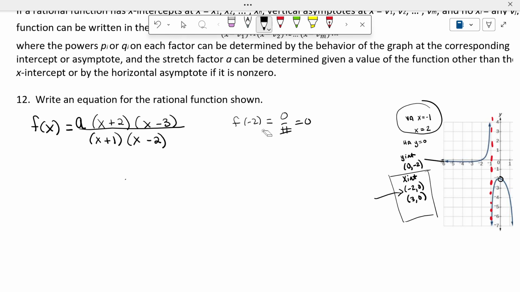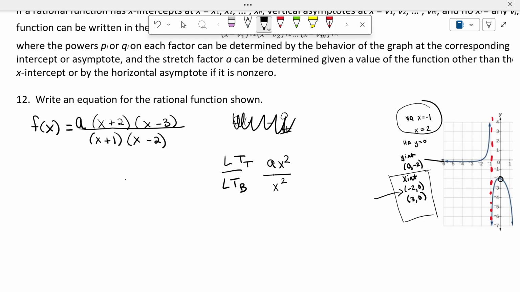Okay. So now, looking at this though, if this is what I have, and remember, if the degrees are the same, let's talk about leading term over leading term. Right now, the leading term on the top is ax squared. The leading term on the bottom is x squared.